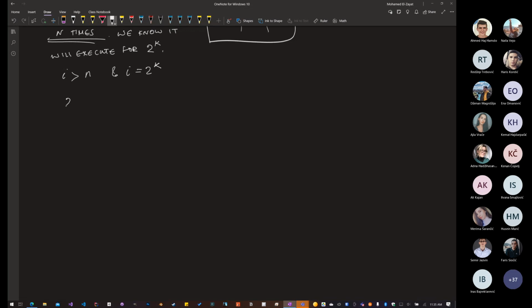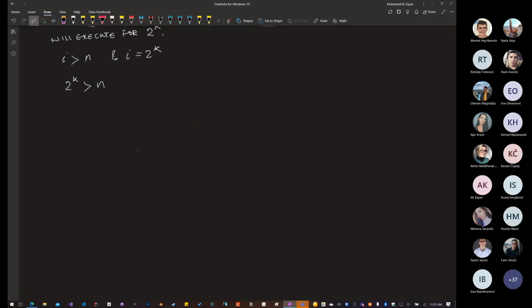So we can say that 2 to the power of k is larger than n, meaning that if we simplify this relationship, according to high school math or primary school math, k is going to equal log base 2 of n.